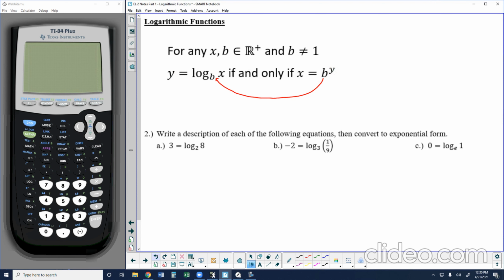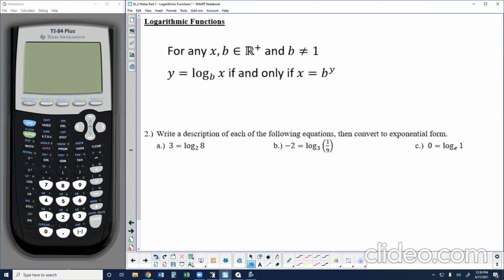The output, x, for the exponential equation now becomes the input, x, for the logarithmic equation. So a logarithm is a way of rewriting an exponential equation in a manner that gives us new inputs and outputs. It switches the inputs and the outputs.